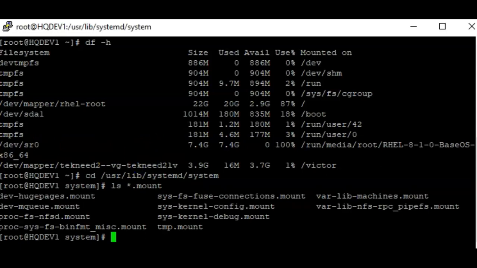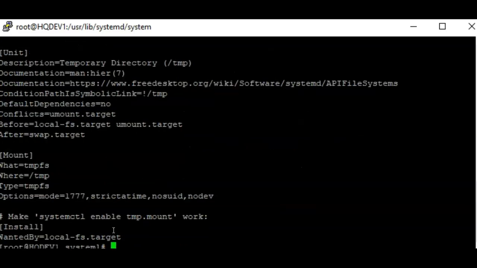So you can see the mount unit files, the dev, the tmp. They all have the .mount extension. This says that systemd is responsible for the mount of the file systems that are not defined in the fstab file. And again, if you look at the tmp.mount file, for example, let's cat this file so I can show you.